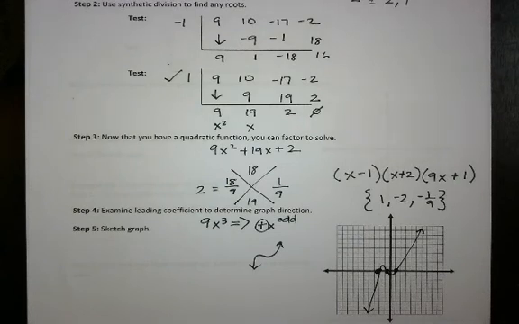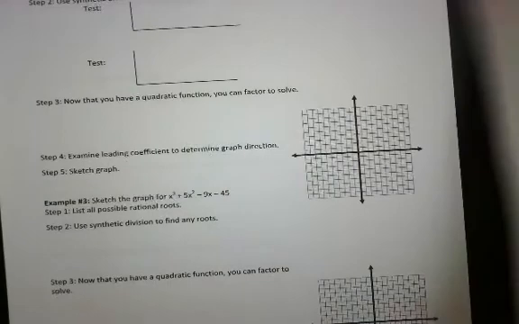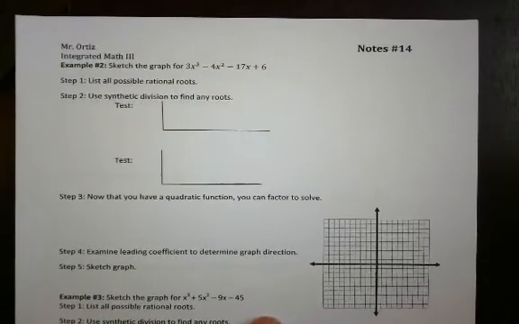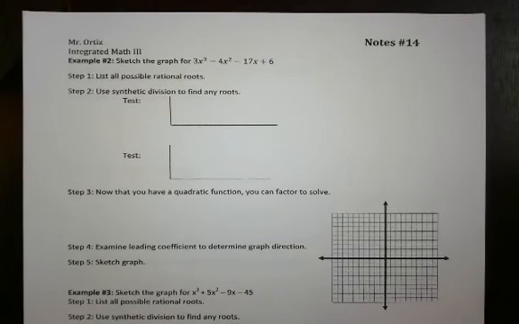And that's it. Now on Delta Math, they are going to ask you to be very specific. So you're going to want to make sure that you look at the example to see how specific they want you to do it. But this is the way of being able to graph a function.